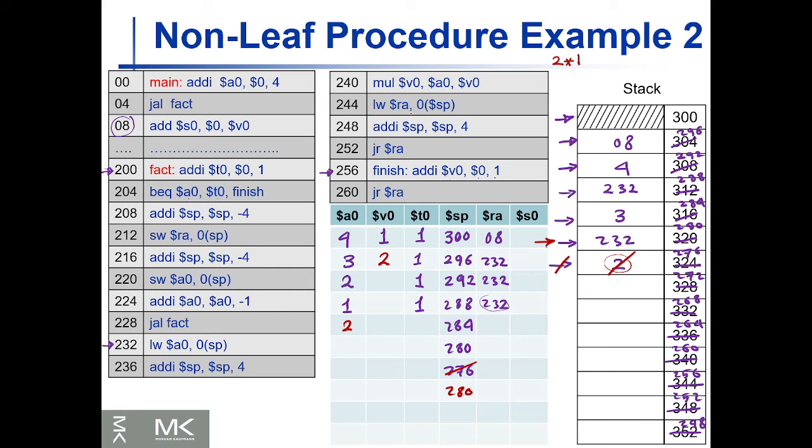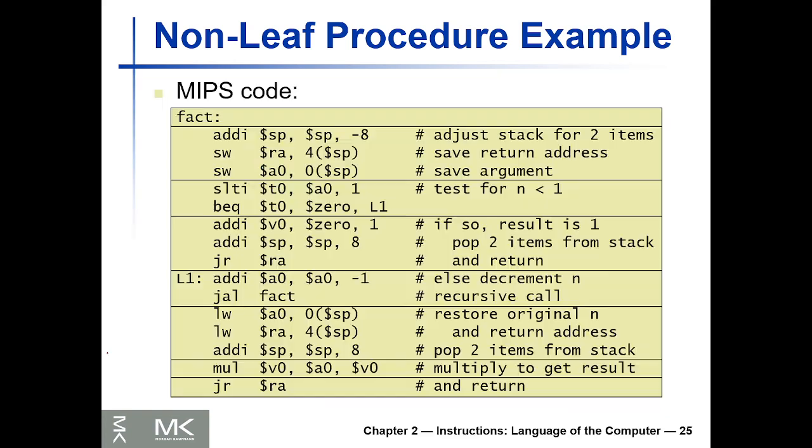Then we're gonna load word RA 0 SB. So we're gonna load this into RA. And then increment SB. So SB now is here. Then we jump register RA. What is RA? 232. So we're gonna go back again to here.